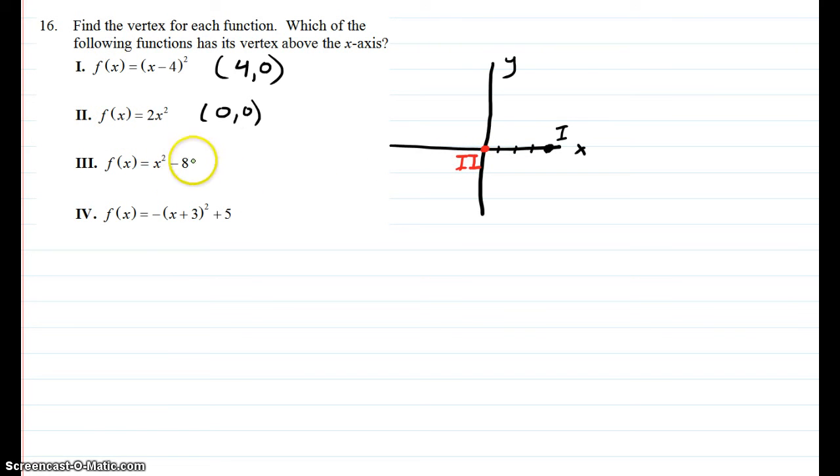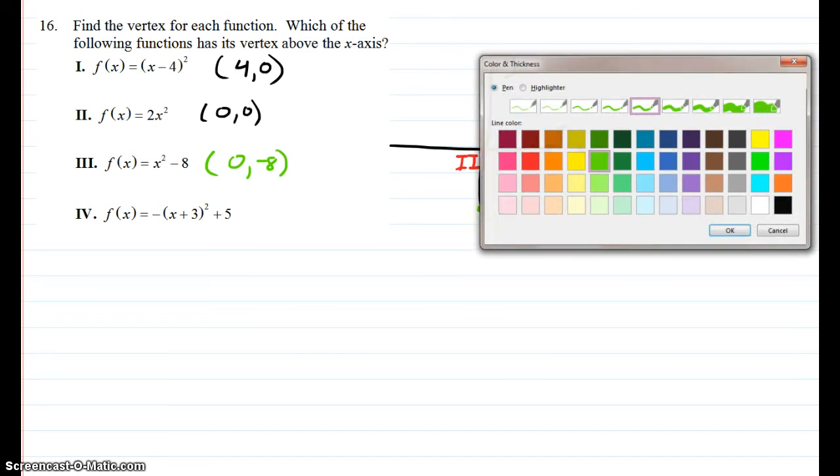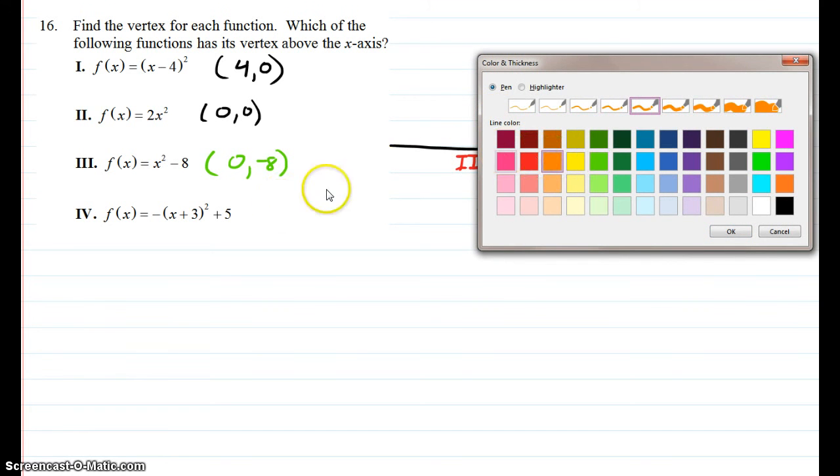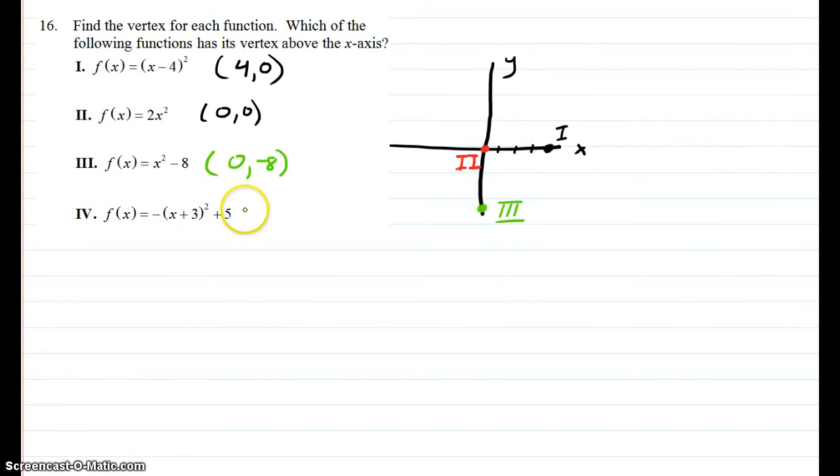The next one, okay, so this would be 0, negative 8, somewhere down here. And then the last one would be negative 3, positive 5. So negative 3, up 5. So which one has the vertex above the x-axis? So that would be 4.